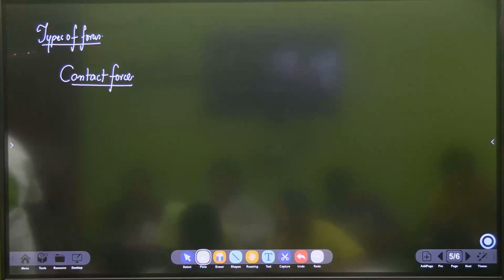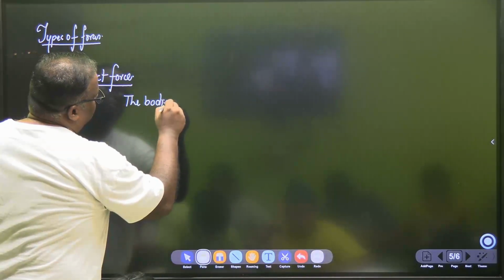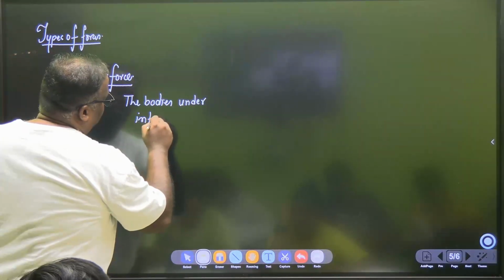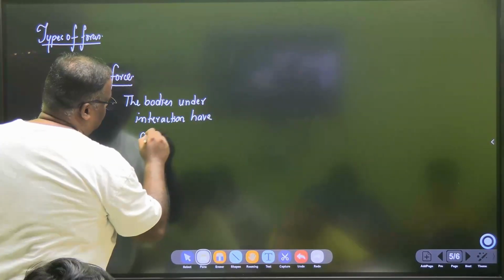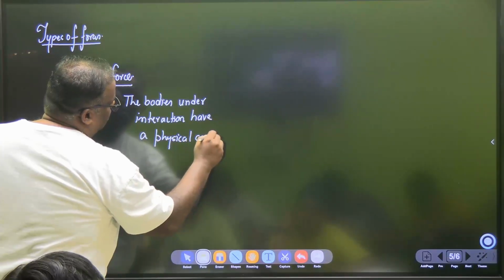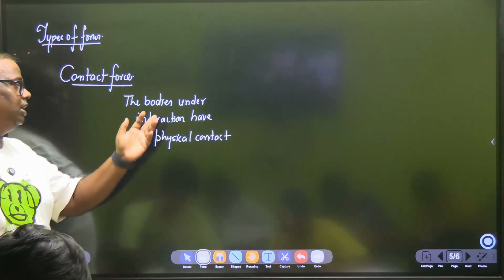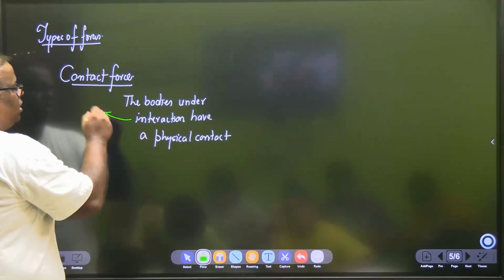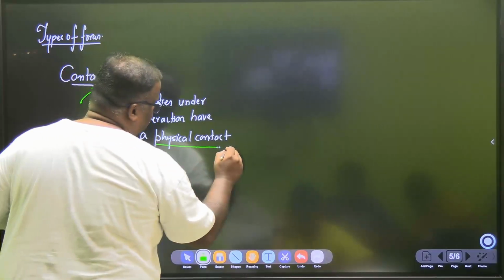Contact forces we say in which the body is under interaction and have a physical contact. अब देखो, bodies under interaction, that means the bodies which are under interaction will give birth to what? They will give birth to force. The bodies under interaction will give birth to force, and that's why it is known as a contact force, because there is a physical contact.